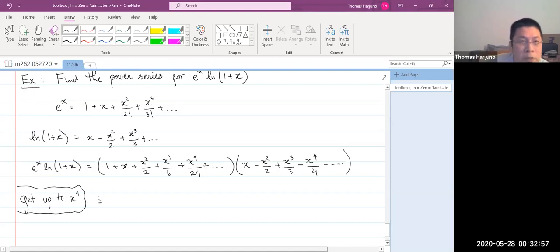So the first thing I will do is think about the lowest exponent possible. The lowest exponent possible is x, that's the smallest possible. Now after that, I would like to know how to get x squared.